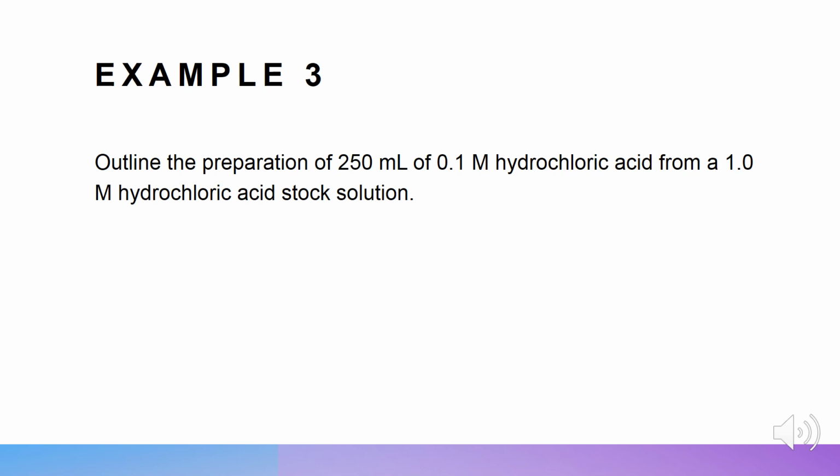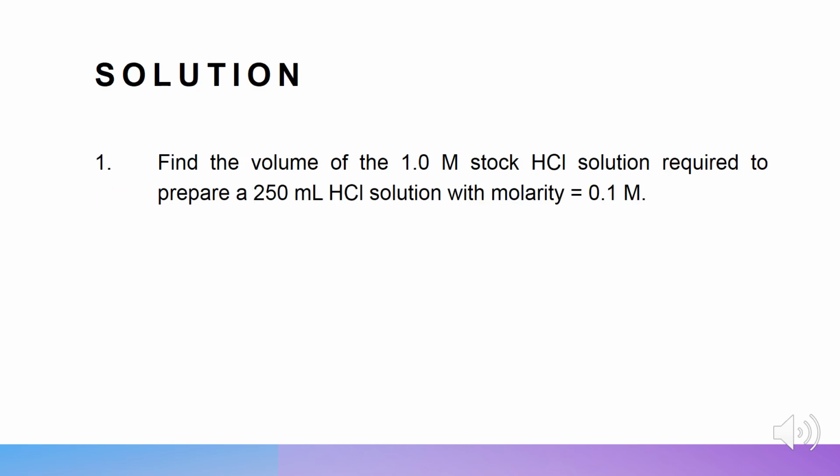This is an example of how to prepare a dilute solution from a stock solution. Outline the preparation of 250 ml of 0.1 molar hydrochloric acid from 1 molar hydrochloric acid stock solution. Firstly, find the volume of 1 molar stock solution required to prepare 250 ml of 0.1 molar HCl.